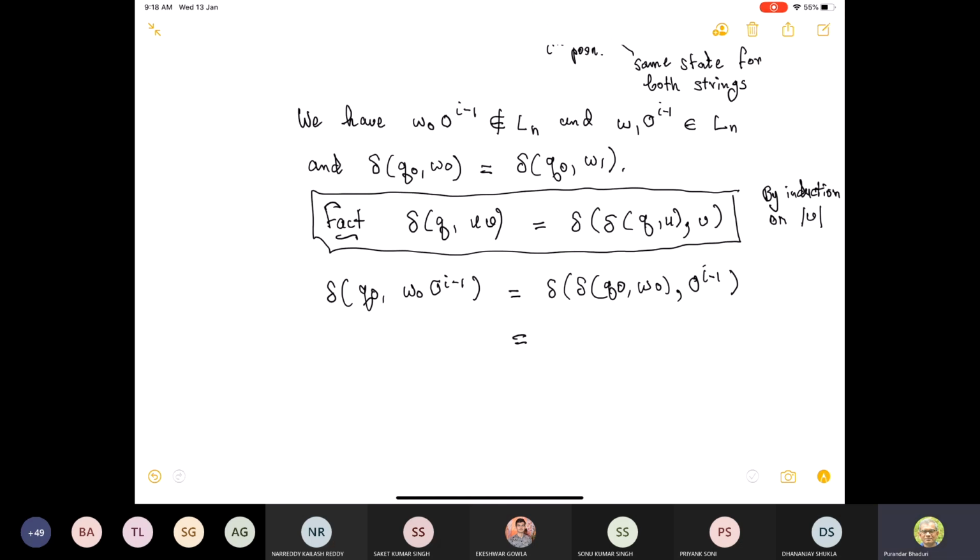And this is the same as, by assumption, this part is the same as delta hat Q0 W1.